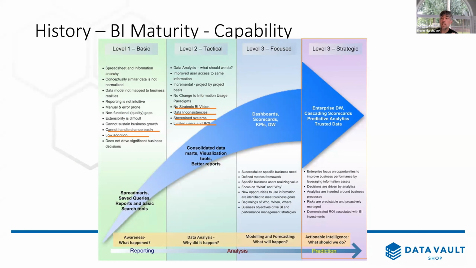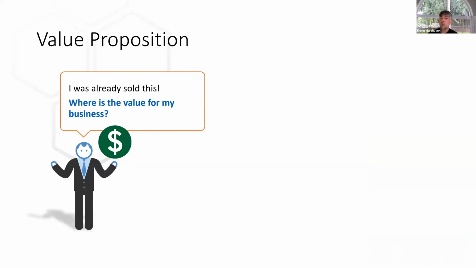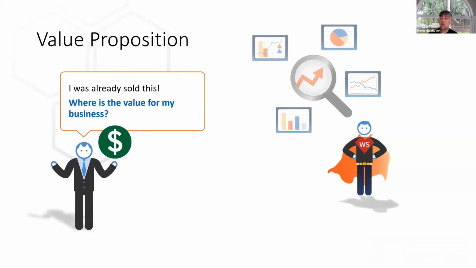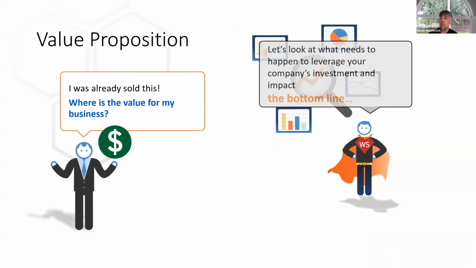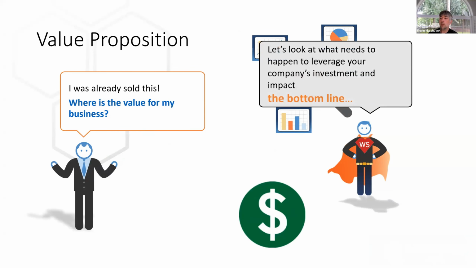Again, it is extremely rare to ever get there if you try to do that by hand. A lot of times you're going to get this question: well, I was already sold this, where is my value? So let's talk about implementing WhereScape with this, including Data Vault methodology and on top of Databricks.